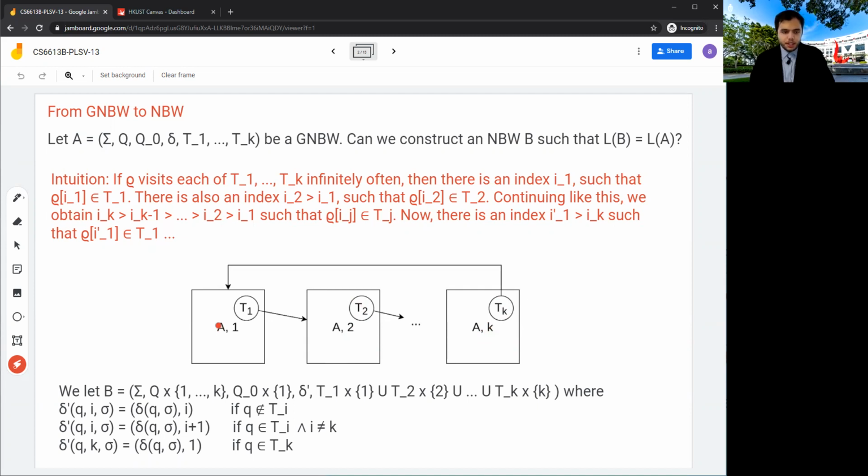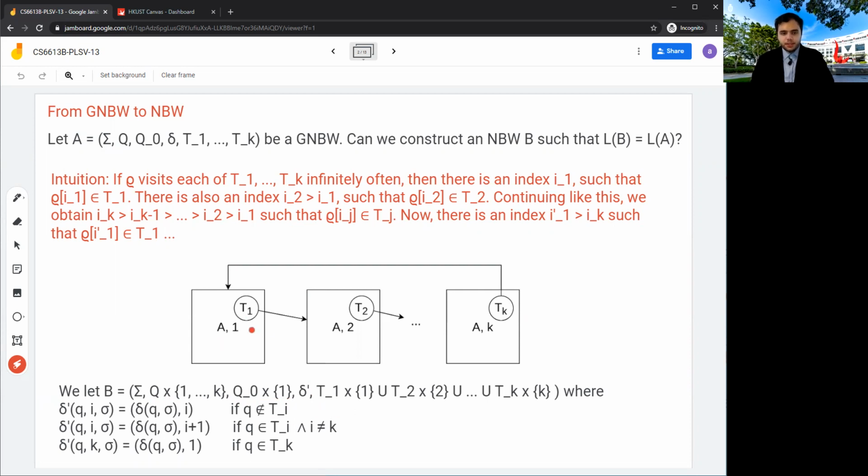So basically what I'm doing is constructing this automaton B, and the alphabet is the same as before, but instead of just the set Q of states of the original automaton, now I have K copies. I start in the first copy, so this is the set of starting states. And what are my target states?